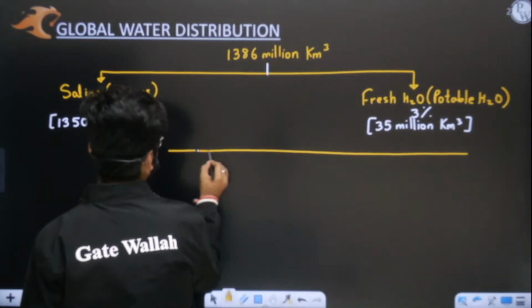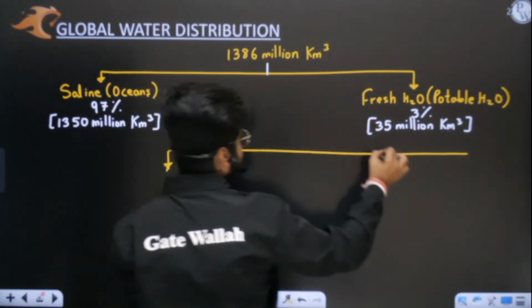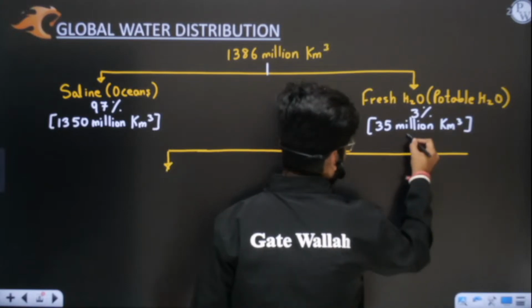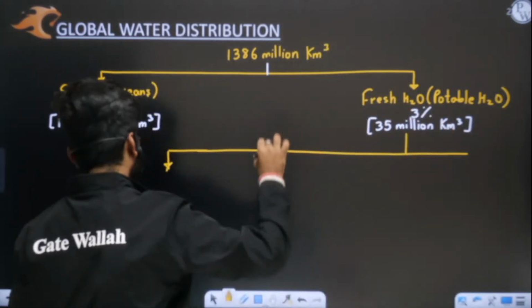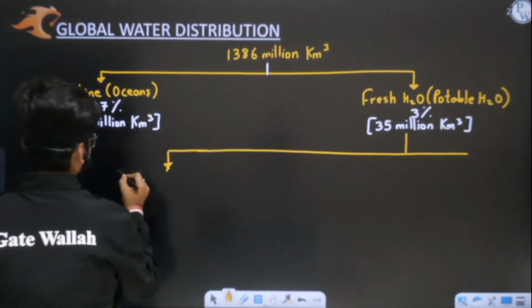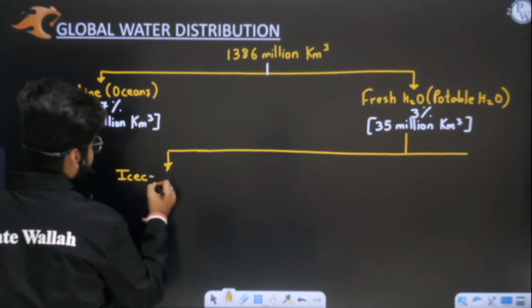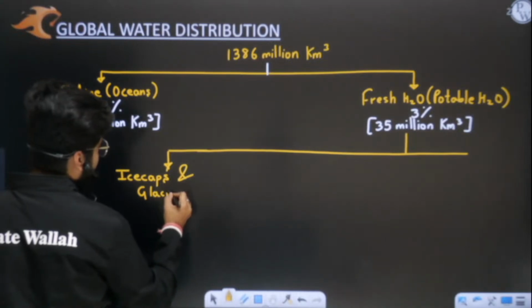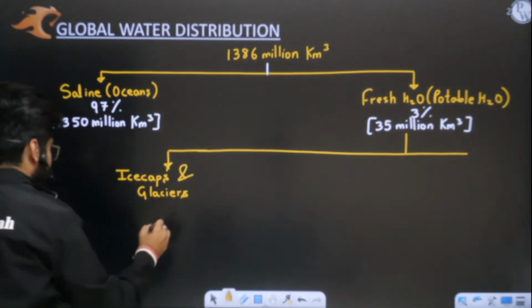So out of this fresh water, you need to understand, some water is present in ice caps and glaciers. Can you tell me how much is the percentage of water present in ice caps and glaciers?